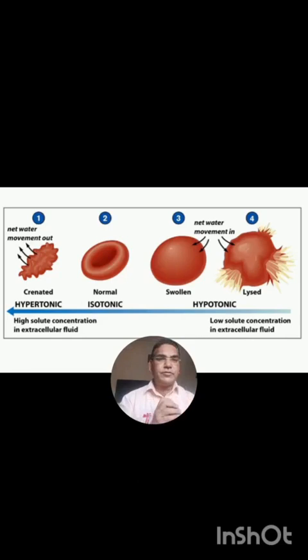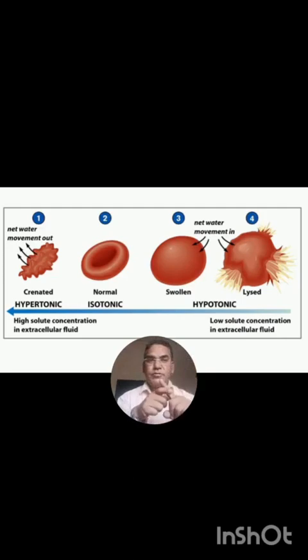If we put a cell into hypotonic solution, like raisins or dry fruits into water, the cell will swell up.